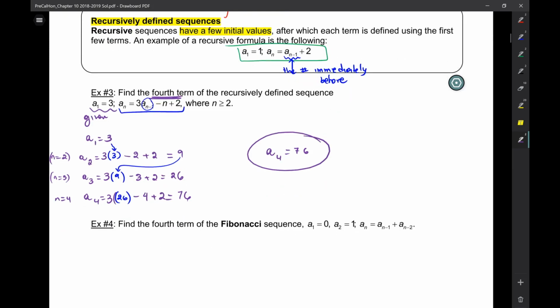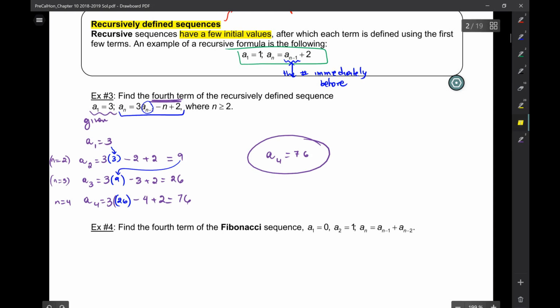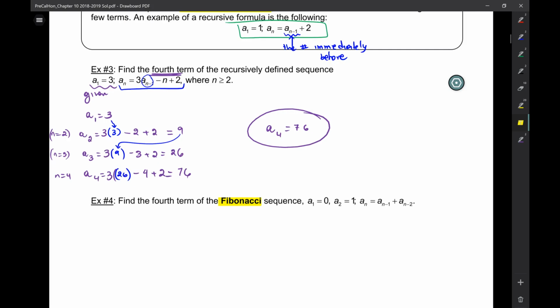Okay, one of the most famous recursive functions is the Fibonacci sequence. Anybody heard of the Fibonacci sequence? Yeah. That really weird infinite thing. Okay? The spiral. So for example, the Fibonacci, yes, good.